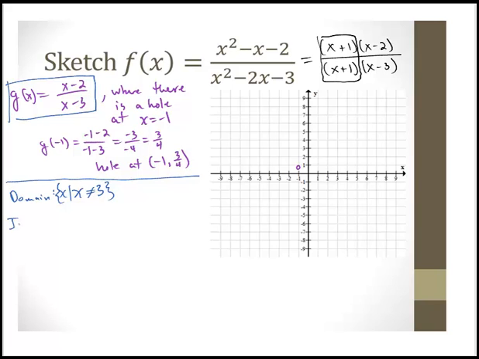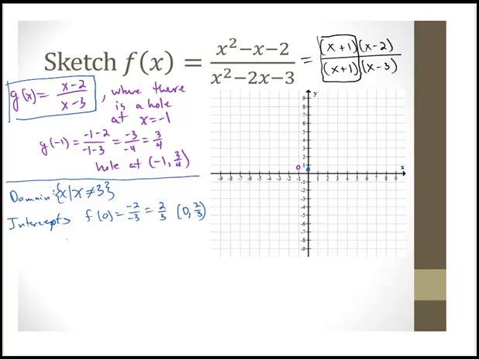Intercepts. F of 0 is 0 minus 2 over 0 minus 3. That's negative 2 over negative 3. That's 2/3. So I have the point 0, 2/3. There's the point 0, 2/3.